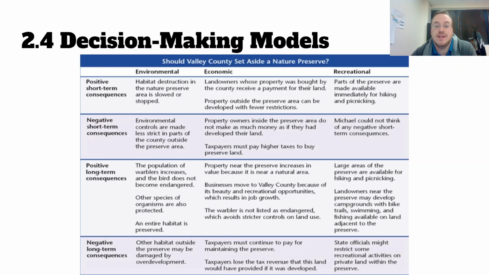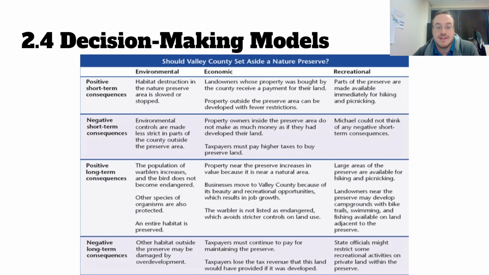They can also say that the property owners who have land just outside the area that might be set aside for a nature preserve are going to be able to develop the area with fewer restrictions because the nature preserve is going to allow for a little bit of political maneuvering in the form of zoning. Zoning is how the government says different plots of land can be used, and it's usually in light of environmental and economic standards.